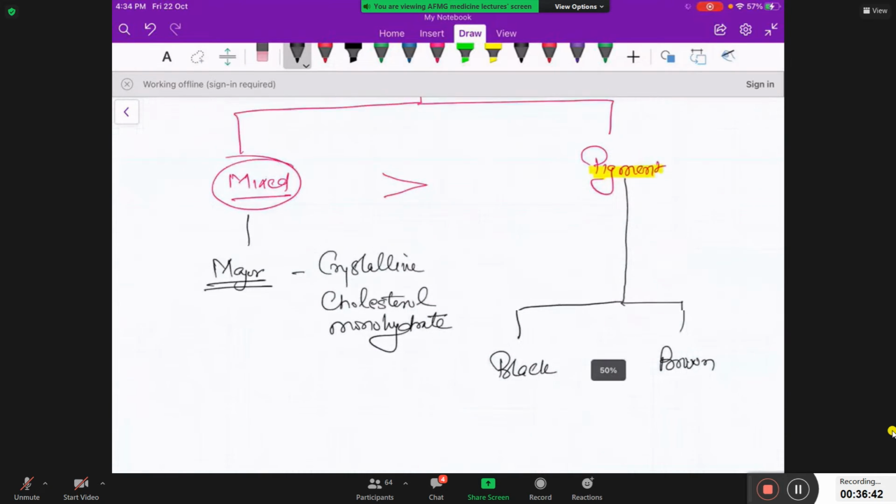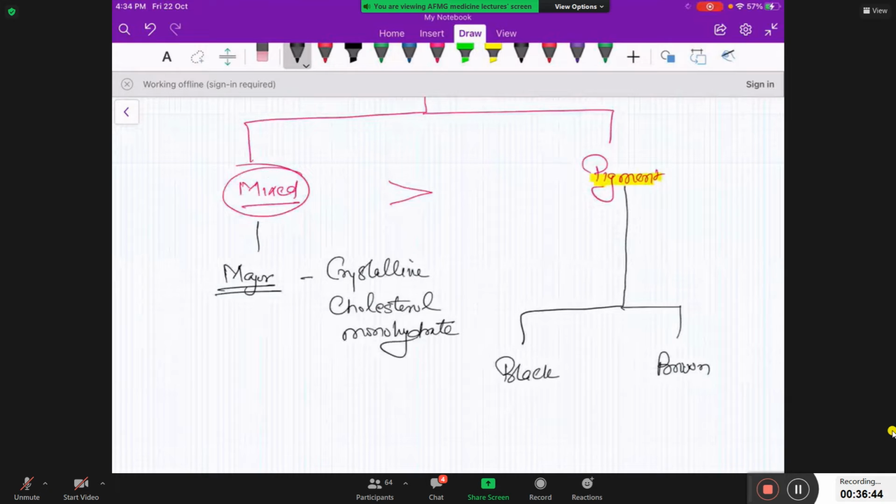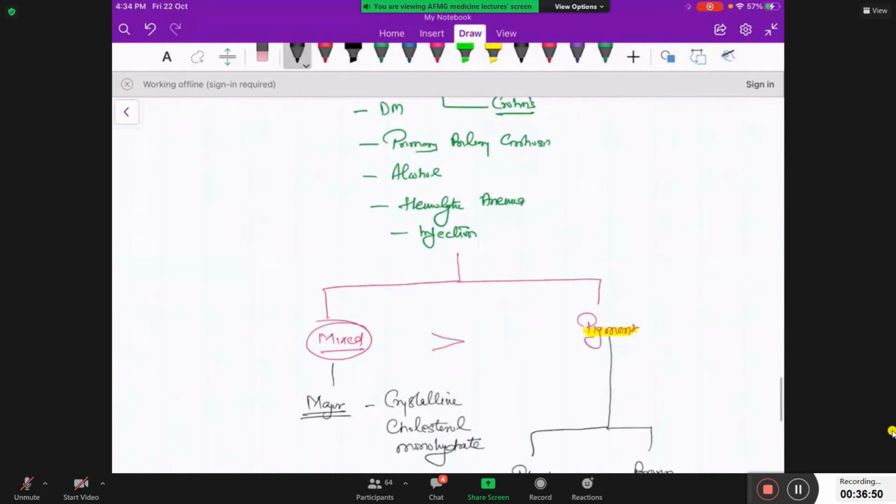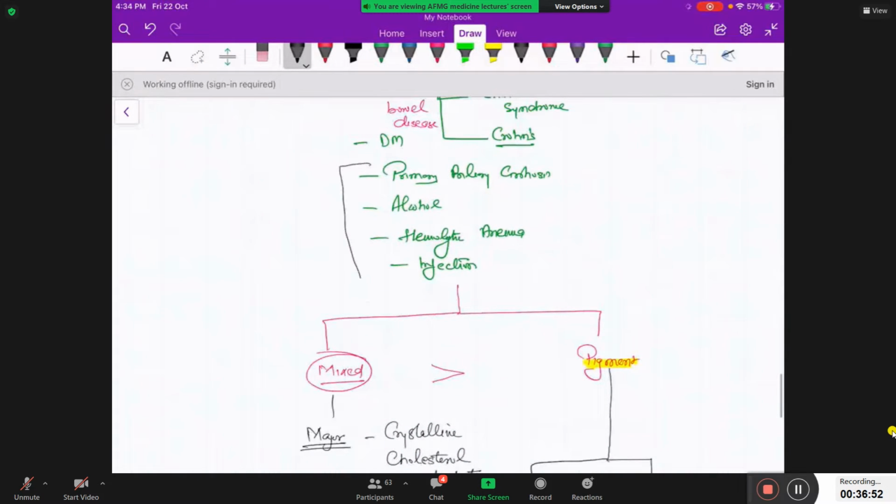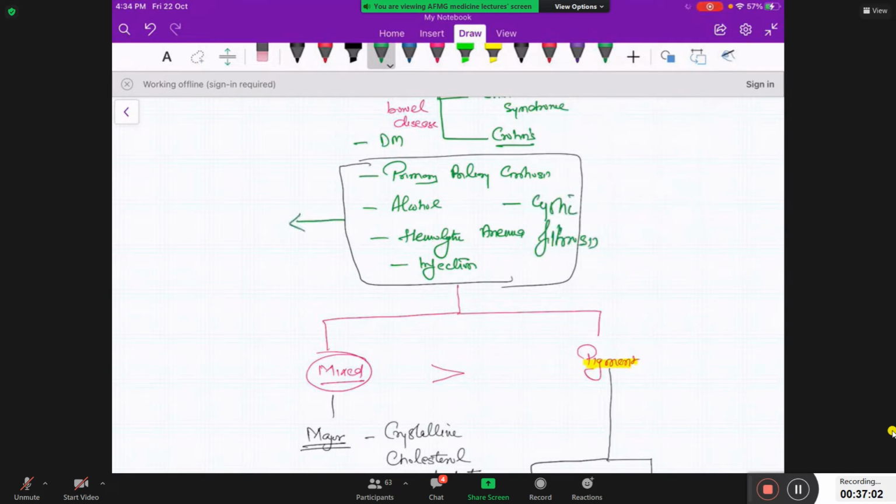Pigment stones are of two types: black and brown. And a very important point further to know, all these conditions which I mentioned at the last, along with cystic fibrosis also, these are the conditions which lead to pigment stone formation.